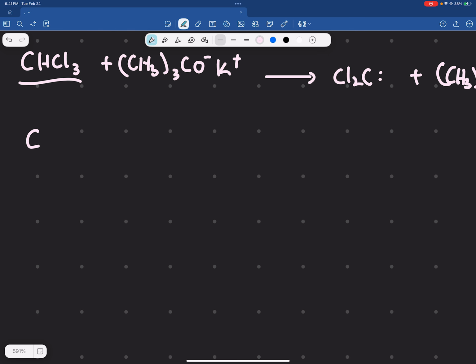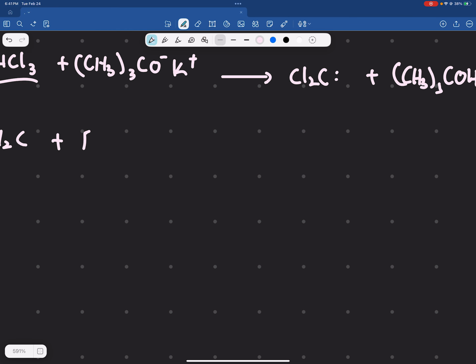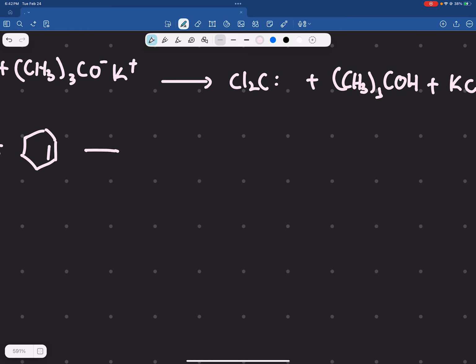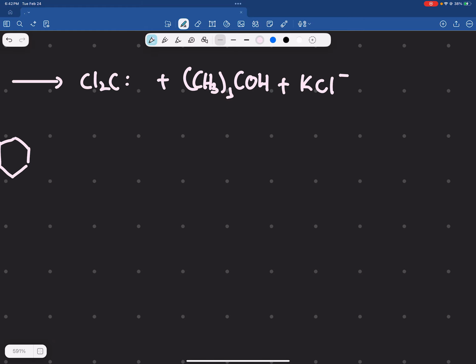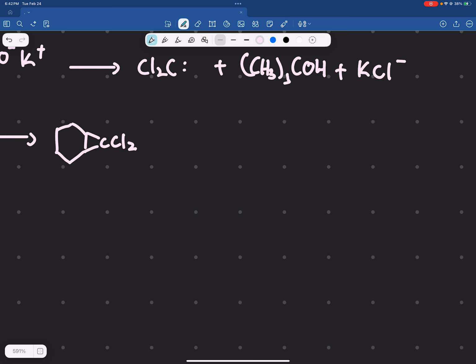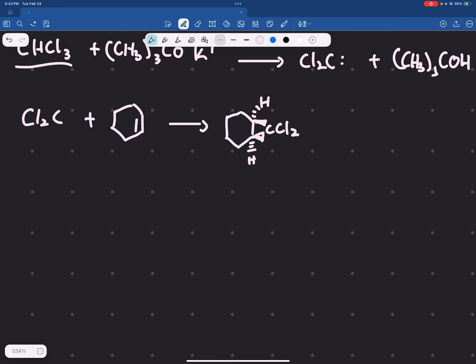So if we have a dichlorocarbene here, and if we were to add it to that alkene, it's going to form a dichlorocyclopropane. It's going to look like that.